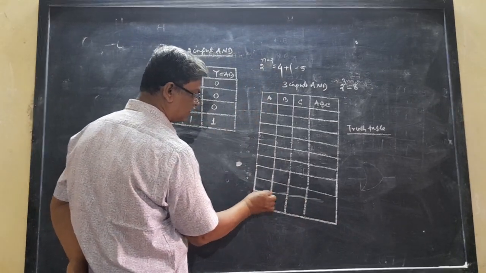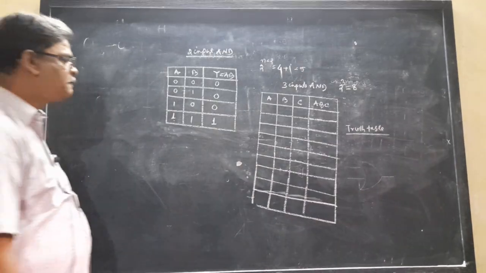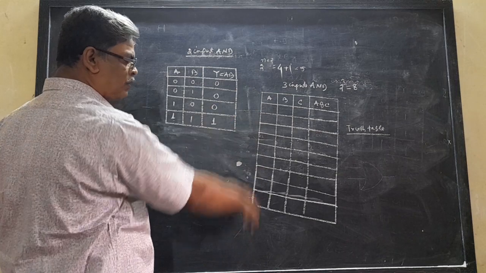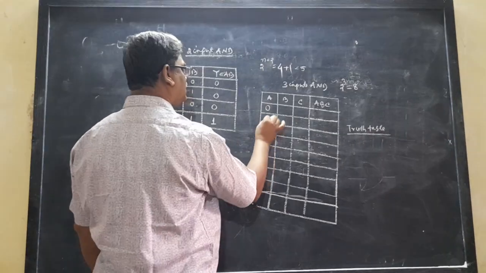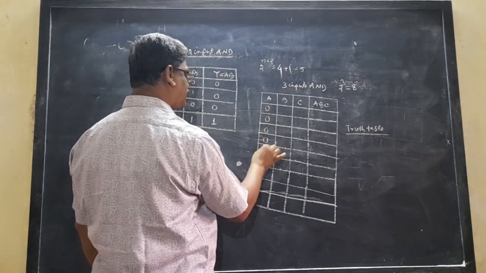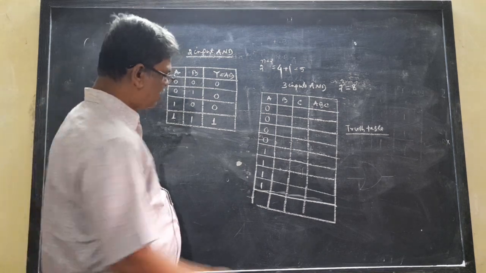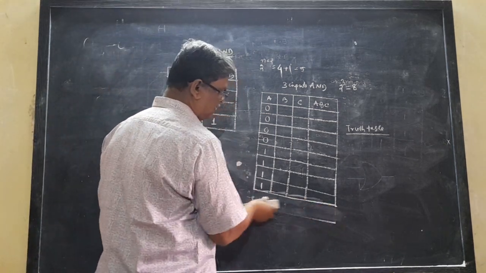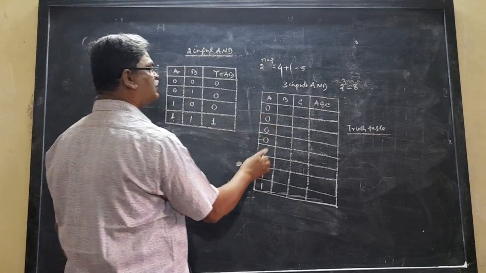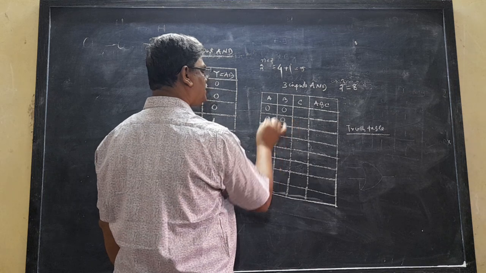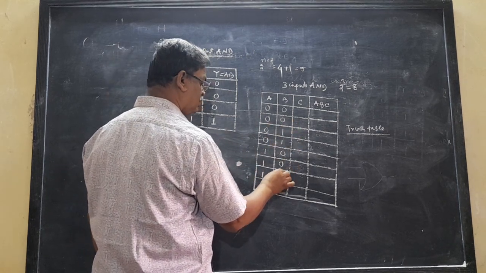Now fill up by the half method. Total rows are 8, so the first 4 are zeros and the second half is filled up by 1. Next, taking 4 rows in groups of 2: first 2 are 0 then 1 1; similarly 0 0 1 1.